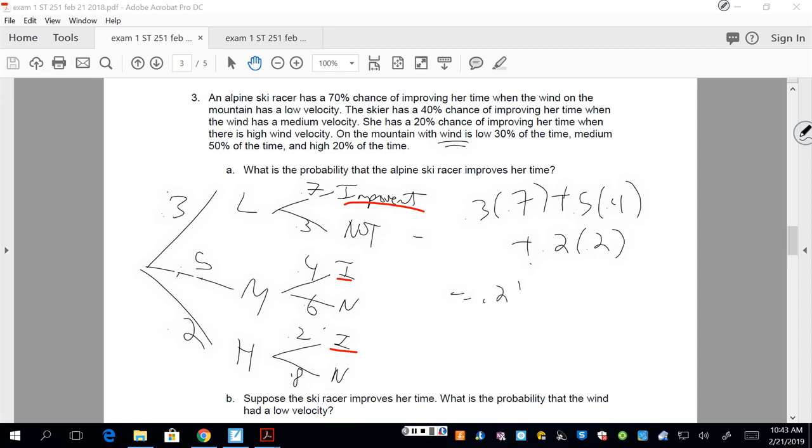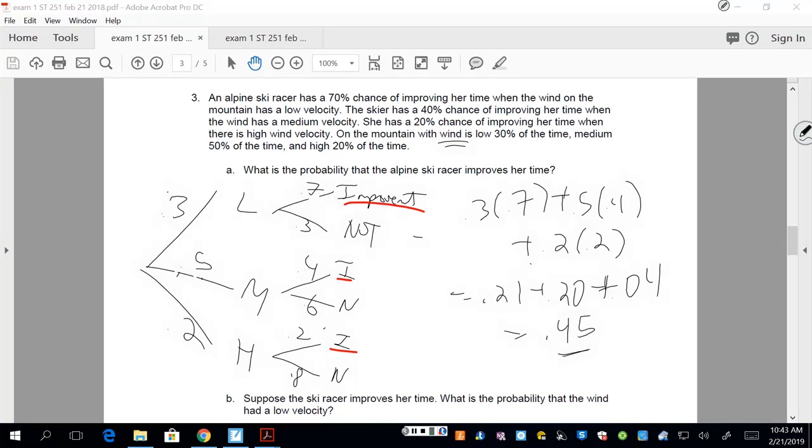So it's 0.21 plus 0.20 plus 0.04. So it's about 0.45. So there was 70, 40, and 20, and 0.45 is somewhere in the middle of those 3 rates of improvement, kind of weighted by the chances.